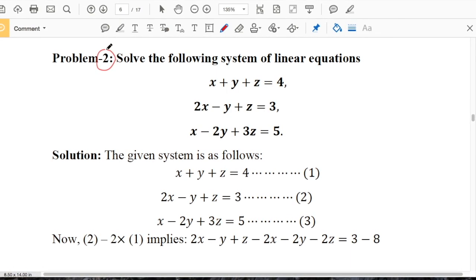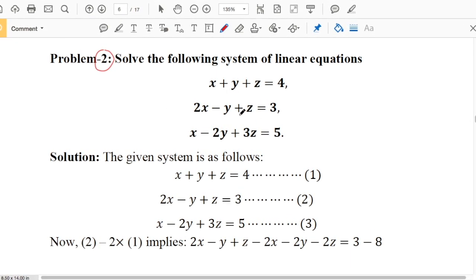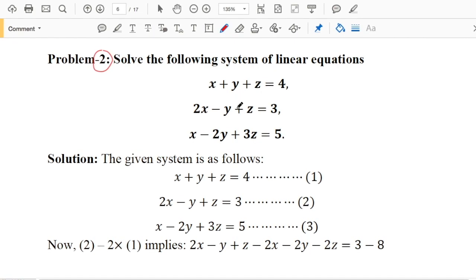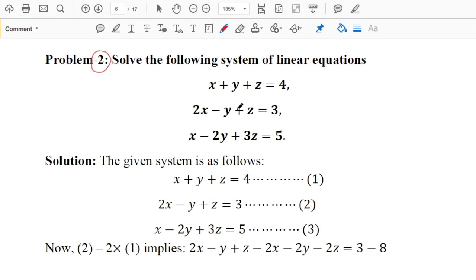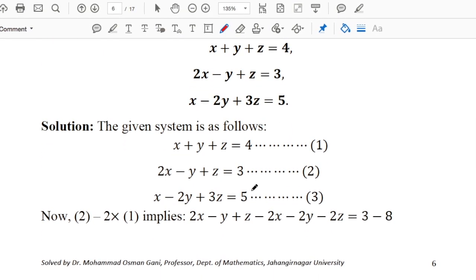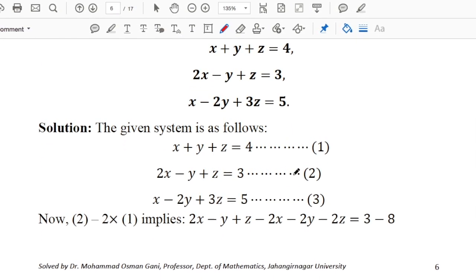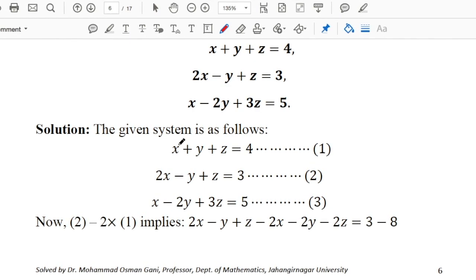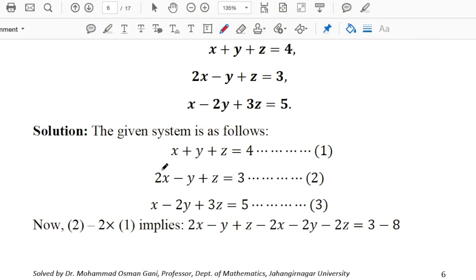So let us first solve this system to understand the unique solution of a linear system in three variables. Here let us denote the three equations by equation 1, 2 and 3. And first, what is our plan?